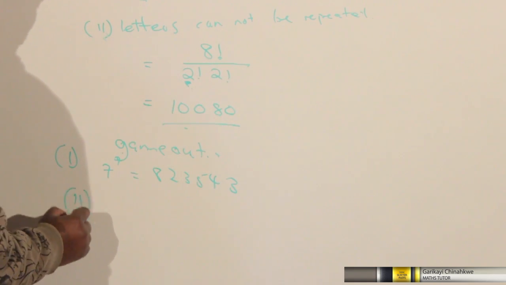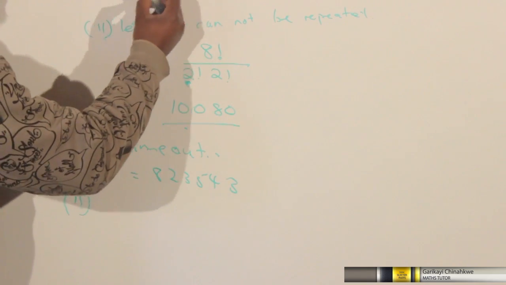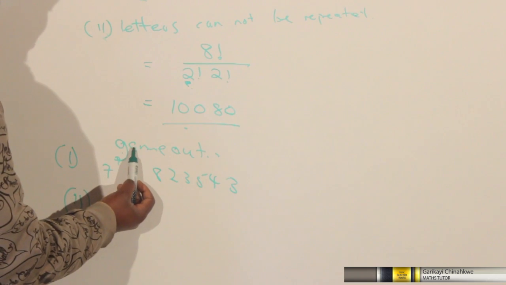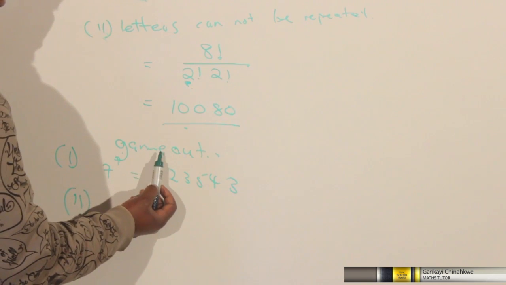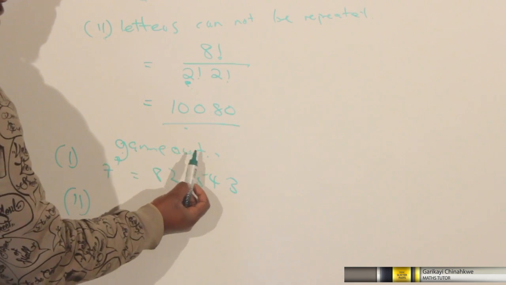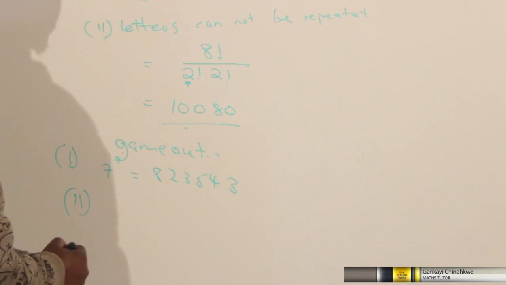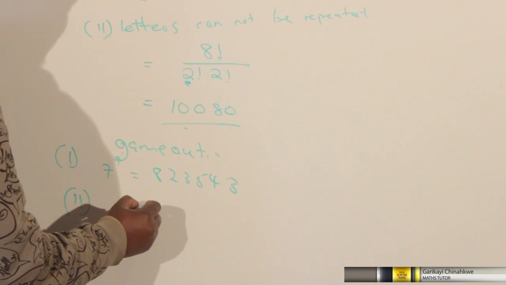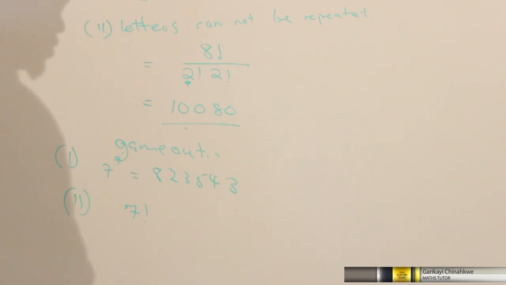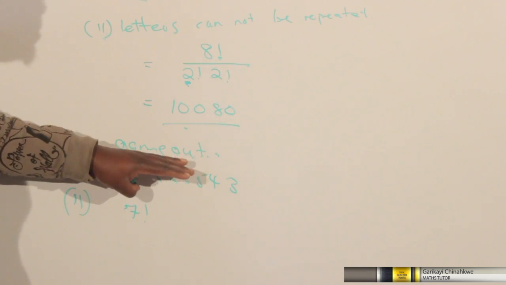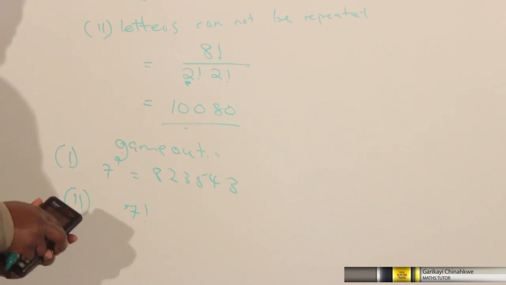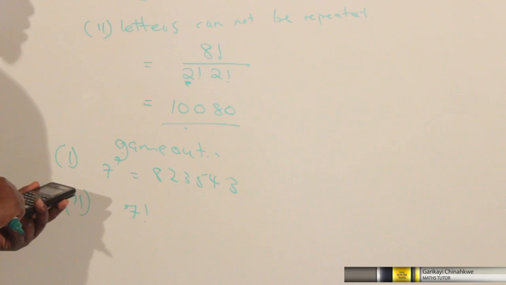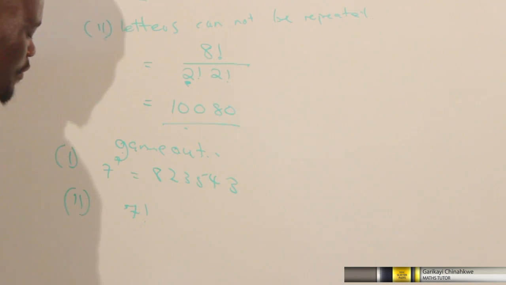Then part 2, if letters cannot be repeated, you can see that A is not repeated, G is not repeated, M is not repeated, E is not repeated, O is not repeated, U is not repeated, T is not repeated. There are 7 letters, so it's 7 factorial. Only 7 factorial, because there is no other letter which is repeated. You get 5040.